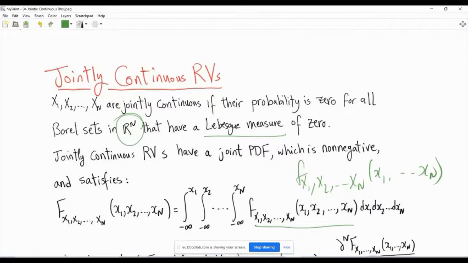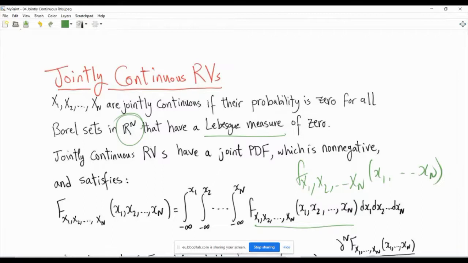Like a PDF, the joint PDF is not a probability. So there is no problem if this joint PDF exceeds 1. There is no problem if this joint PDF is an unbounded function. These are not a problem. What is needed is that the function is non-negative almost everywhere in Rn.